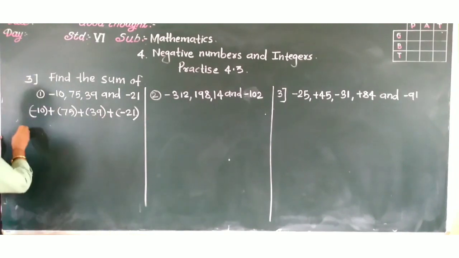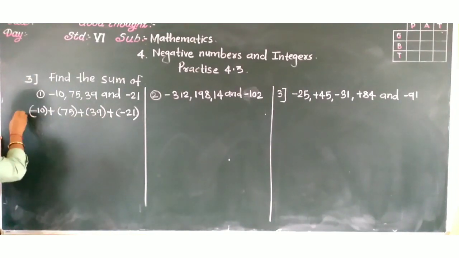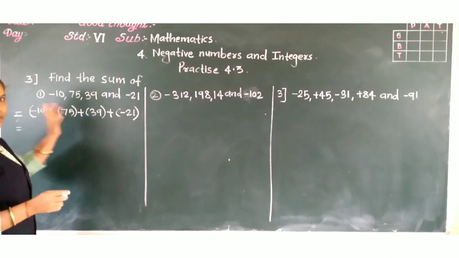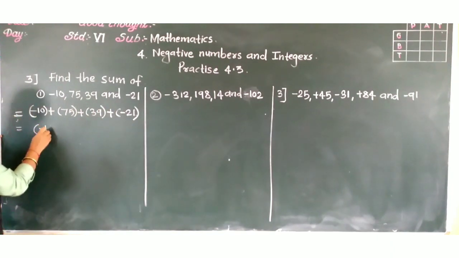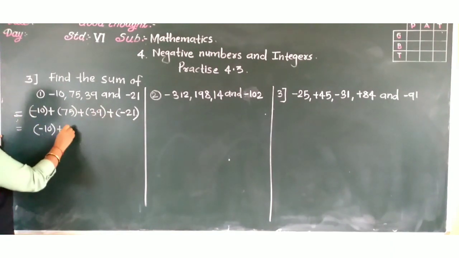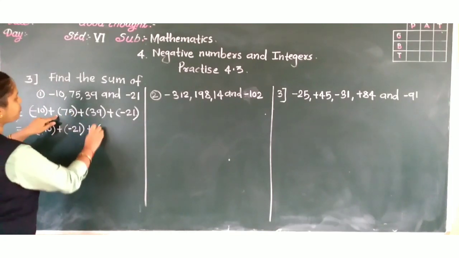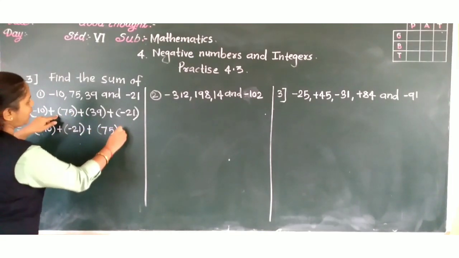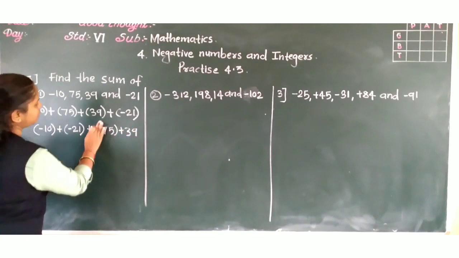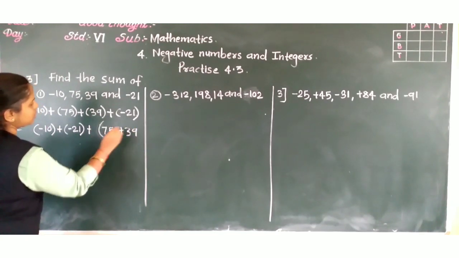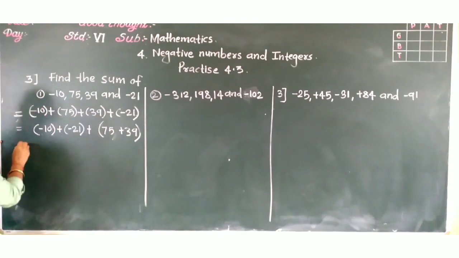Now see what I will do. I will make a group of minus 10 and plus minus 21 together, and plus 75 and plus 39.